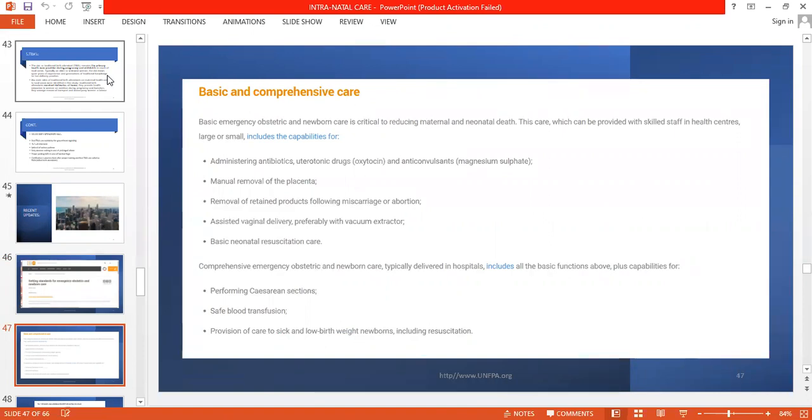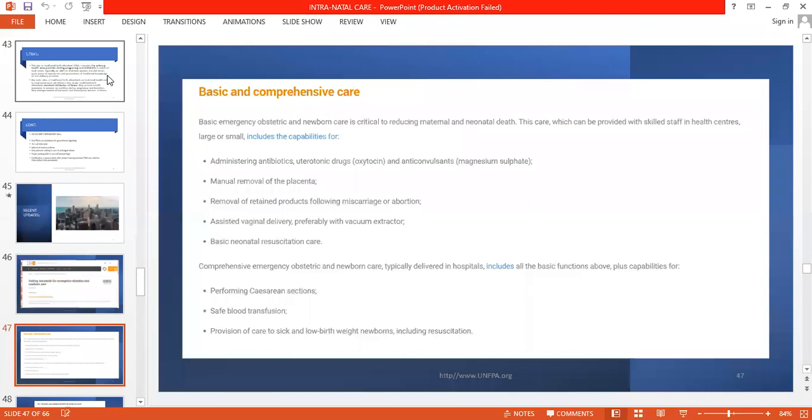This care, which can be provided by skilled staff in a health center, large or small, includes the capabilities for administering antibiotics, uterotonic drugs, and anticonvulsants, manual removal of placenta, removal of retained products following miscarriage or abortion, assisted vaginal delivery, preferably with vacuum extractor, and basic neonatal resuscitation care.